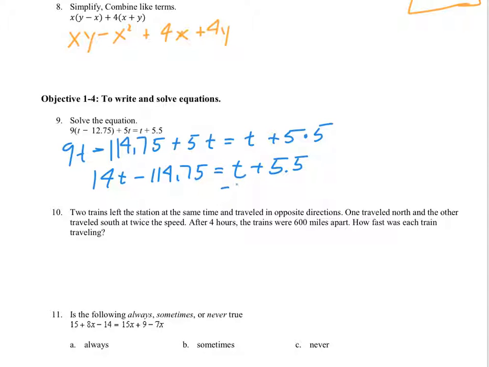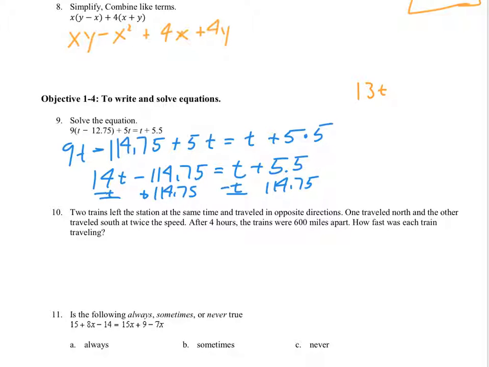I would decide to subtract the t from both sides, and so that will give me 13t. Actually, I'm just going to go ahead and put plus 114.75 there as well.